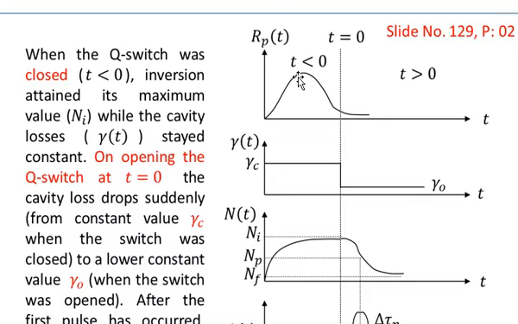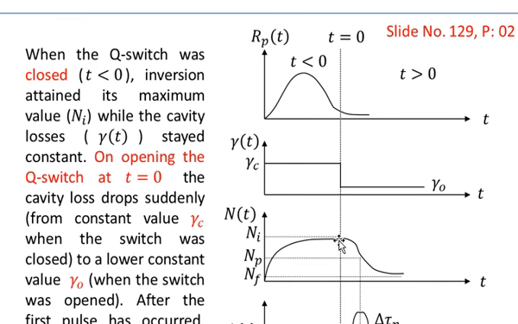And when it reaches the peak value, the population inversion also approximately reaches its peak value, which is ni, the maximum value of inversion achieved with the pump pulse given over here.